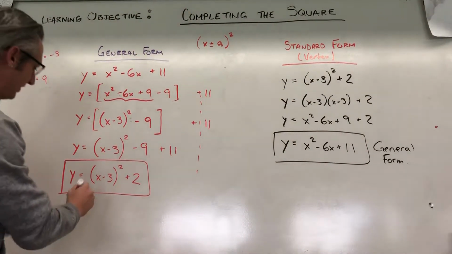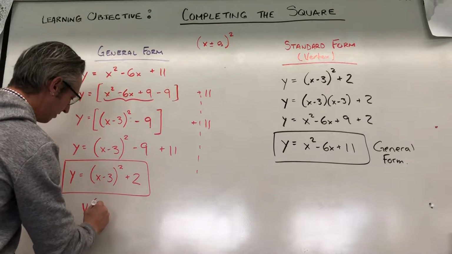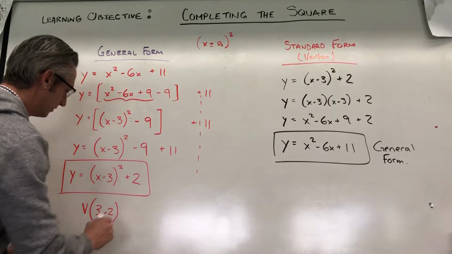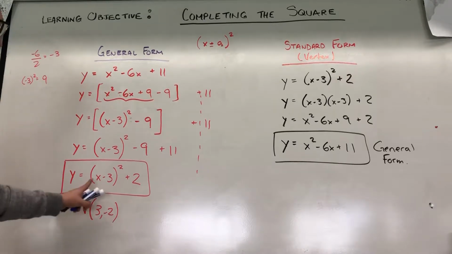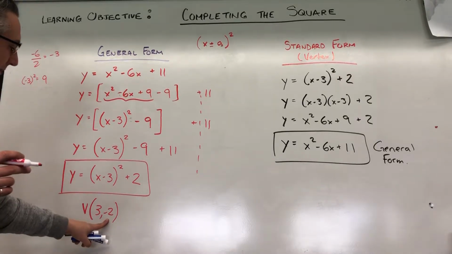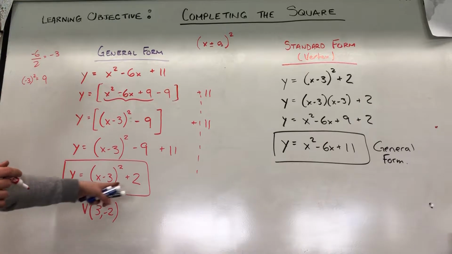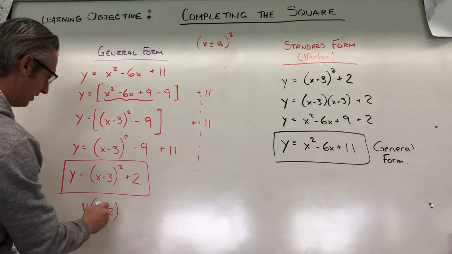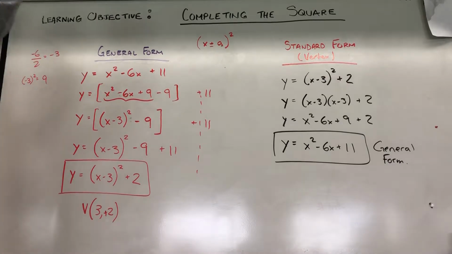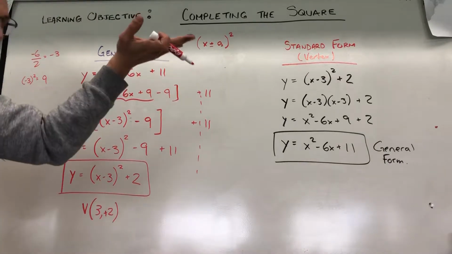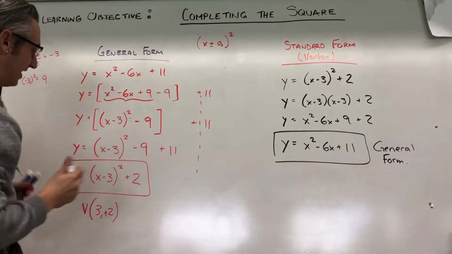Now this would tell me that I have a vertex at 3, 2. So this is opening upwards, and my minimum is going to happen at 2. So I'm not going to have any x-intercepts here because I'm opening upwards and I'm 2 above. So I'm not even touching the x-axis.